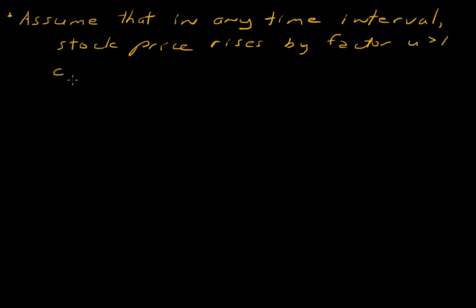the stock price is going to move, right? It can go either up or down. So we just call these factors. So the stock price can move up, or the stock price rises by factor u, and of course that's going to be greater than 1, or drops by factor d.